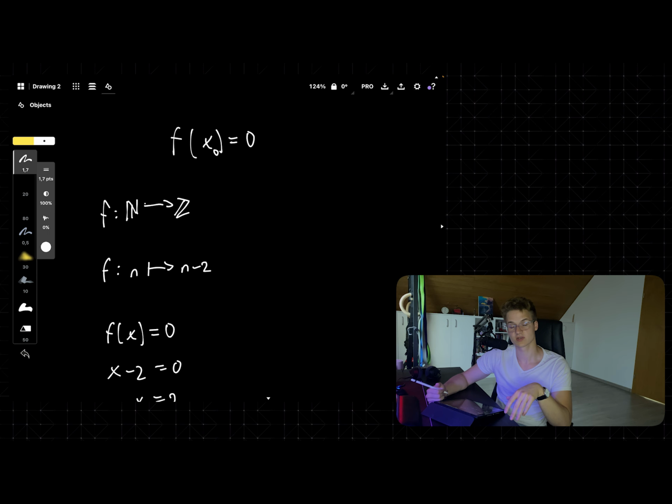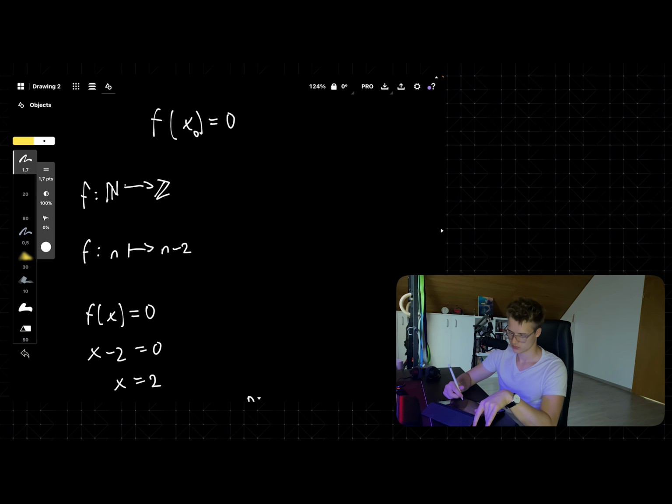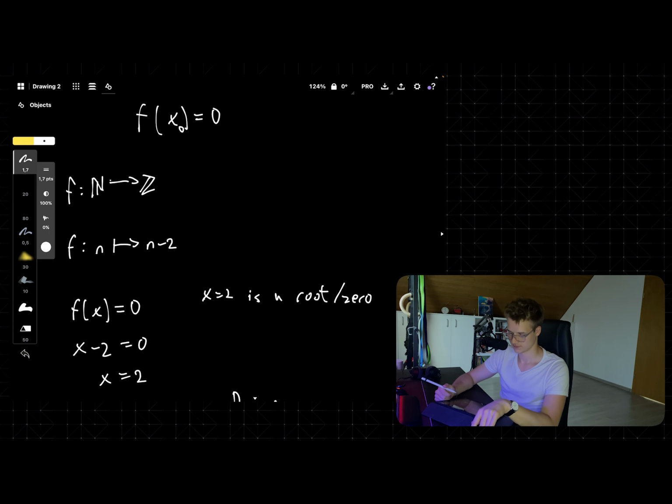So the dependent variable is 0 exactly when the independent variable is equal to 2. So in our case, x equals 2 is a root, or a zero, of the function f.